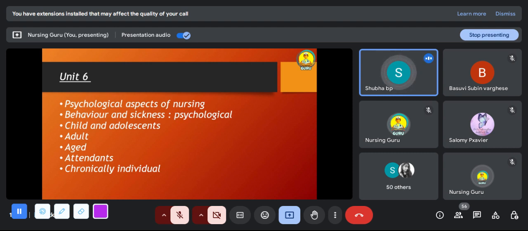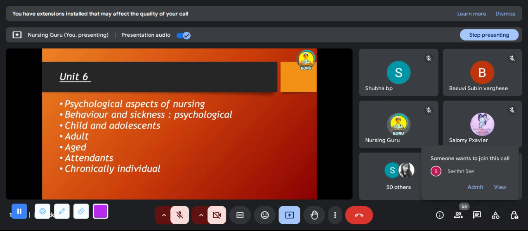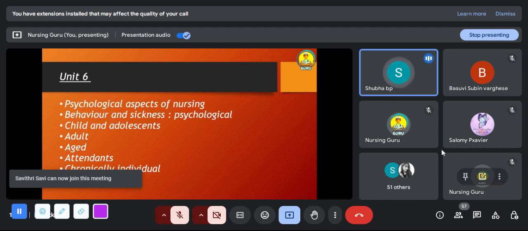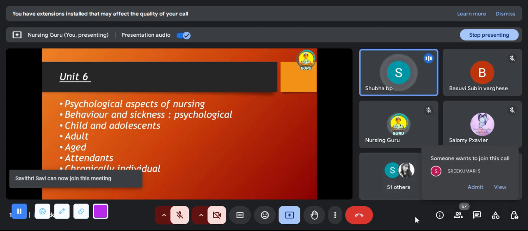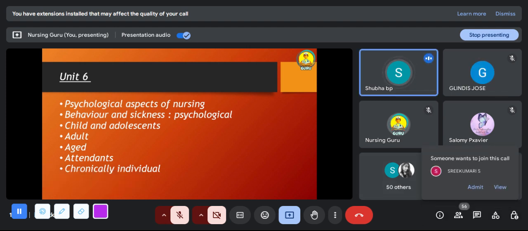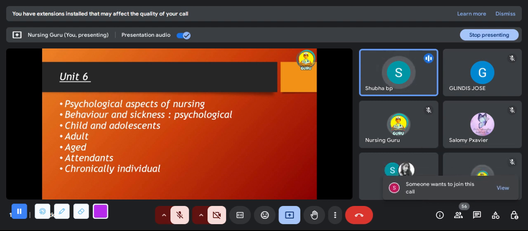And the next one, chronically ill individual. Chronically means it is long term. So if any individual has a long term disease, then he will be admitted to psychiatry and is considered a psychiatric person.